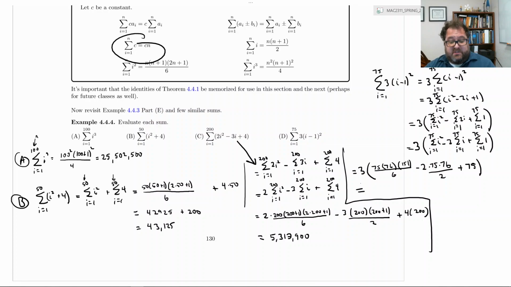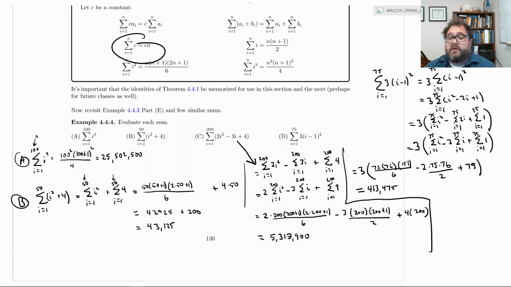I'm going to do this stuff inside the parentheses first. 75 times 76 times 151 divided by 6 minus 2 times 75 times 76 divided by 2 plus 75. And then last we need to multiply by 3, and we get a fairly big number, 413,475.